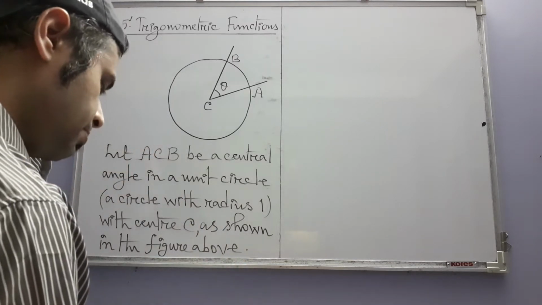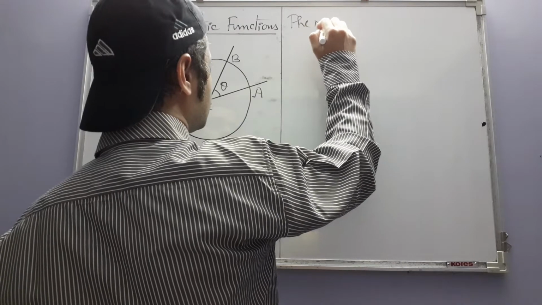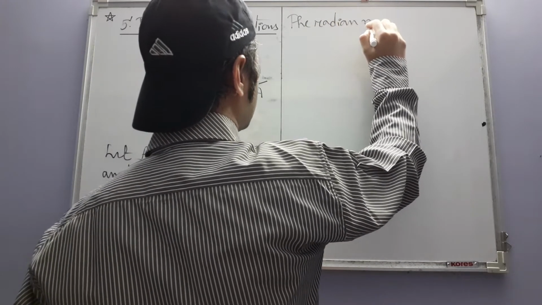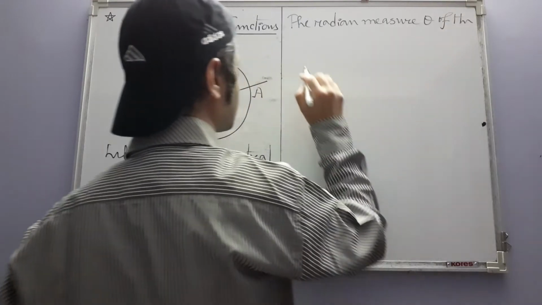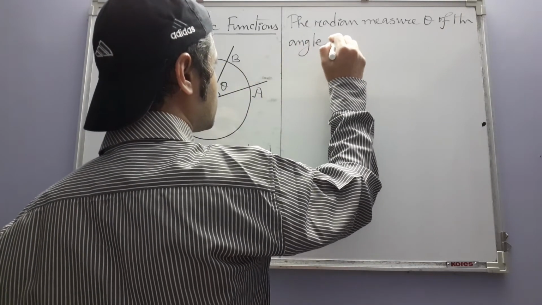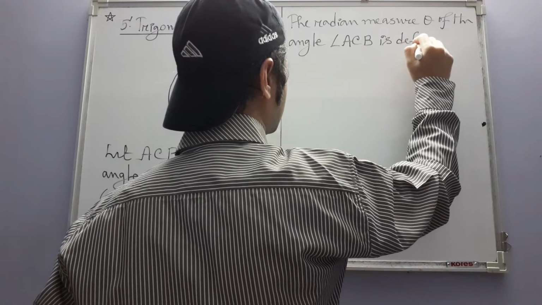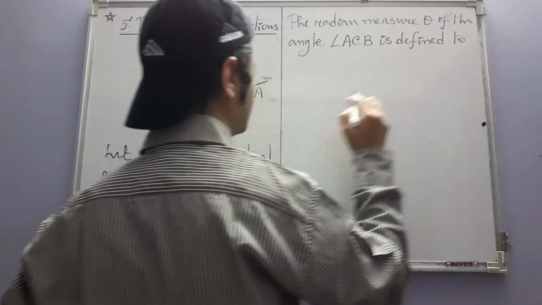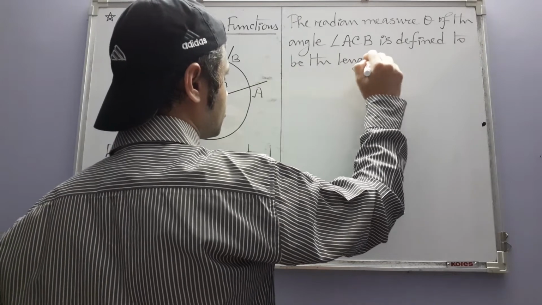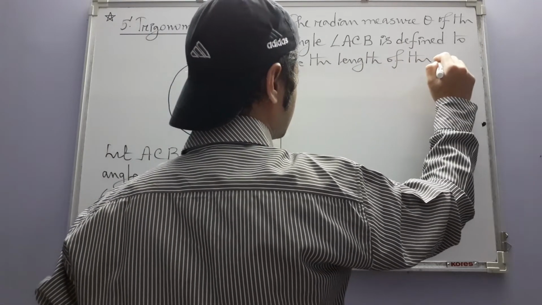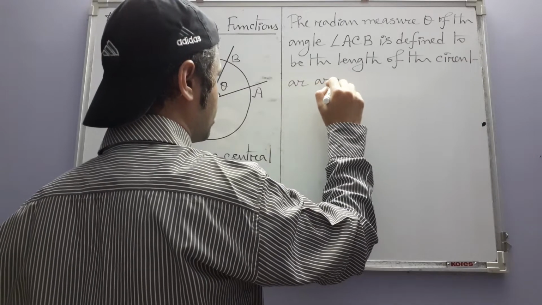Okay. Now, the radian measure theta of the angle ACB is defined to be the length of the circular arc AB.